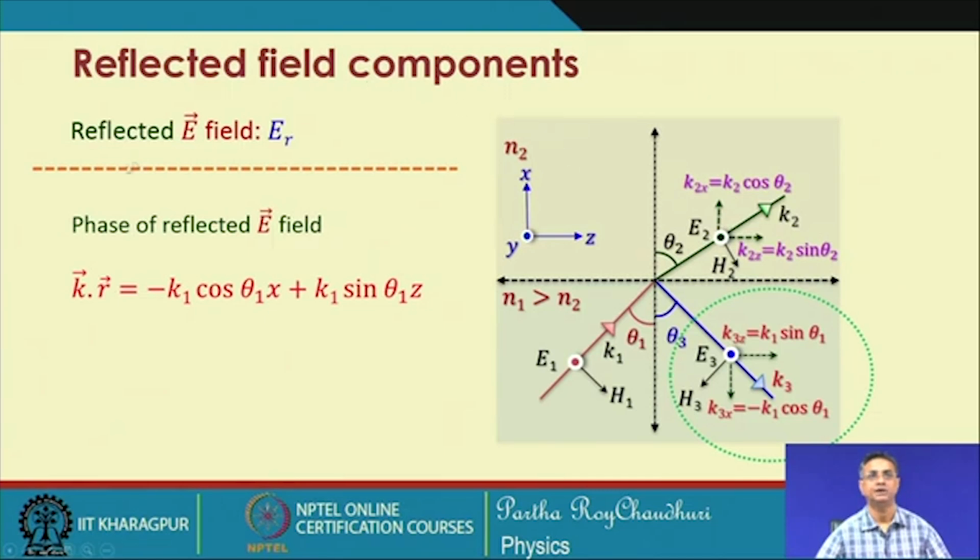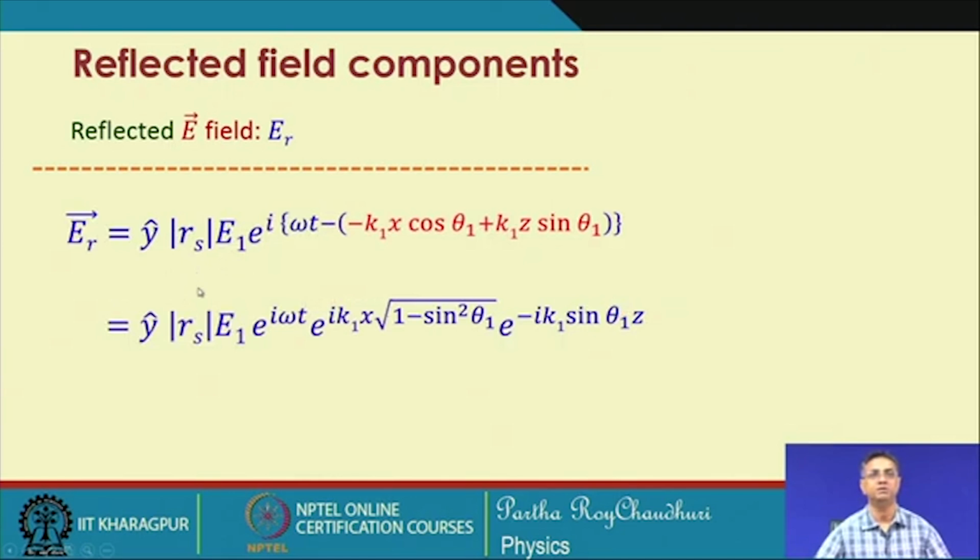Okay. So, in the reflected field, for completeness, we have this phase which will involve k3z and k3x. So, that is why in k dot r, one of them is positive z, but the x component is negative. So, we write this k dot r in this form, and that gives you the reflected wave amplitude of the electric field like this.